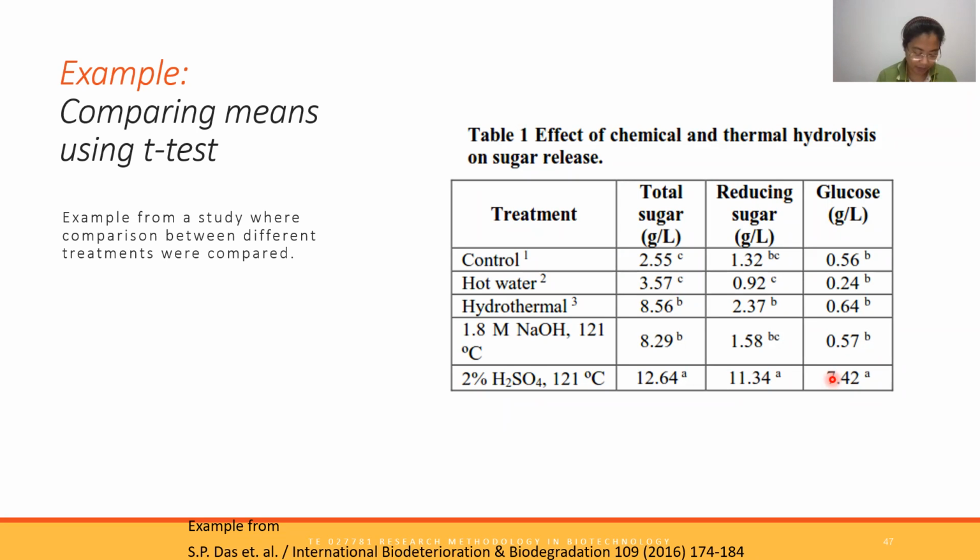So, for example, for this value, you might see something like 12.64 plus minus 0.35 or something like that for each of the values, with small letters up here. Most of you could be familiar with the sign here already.